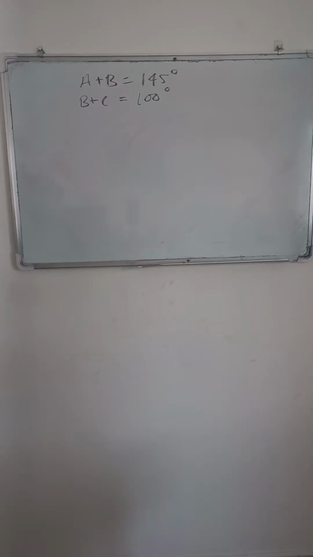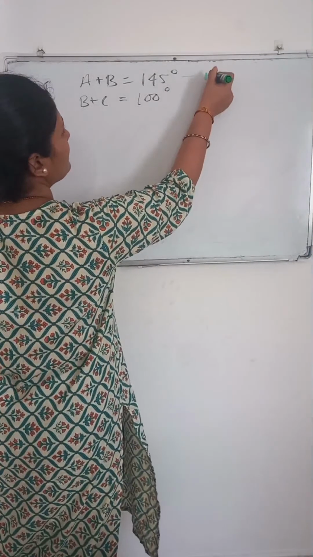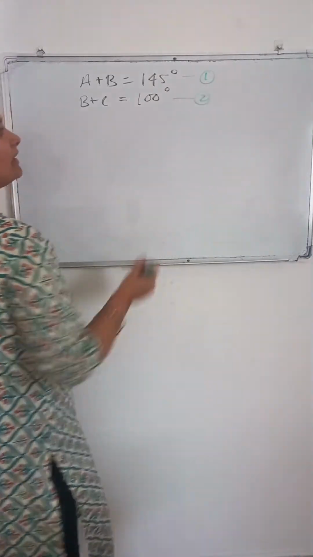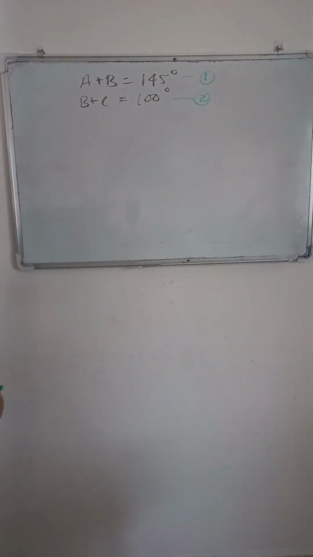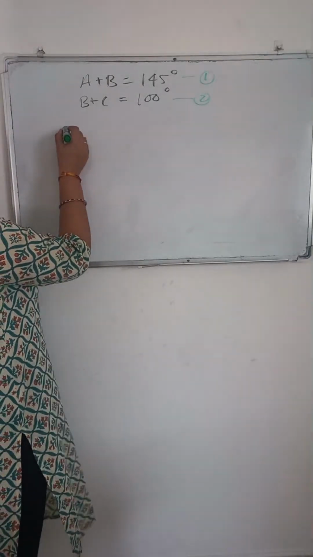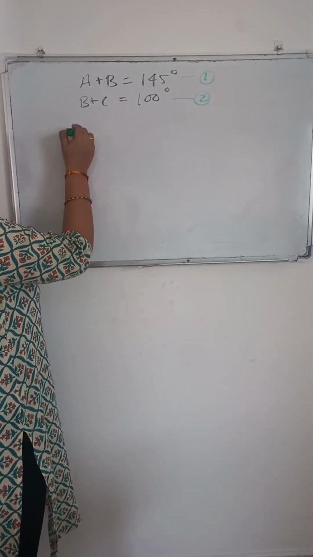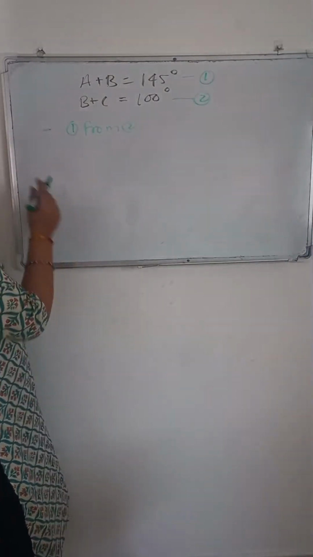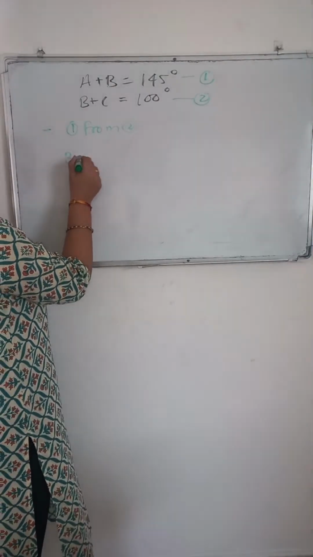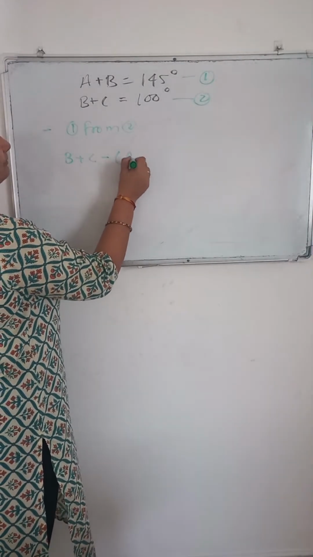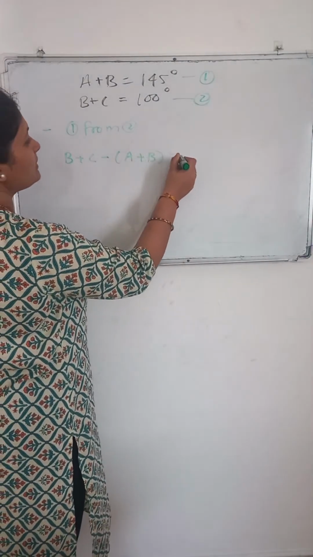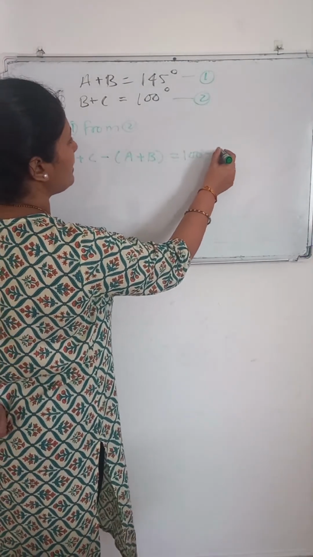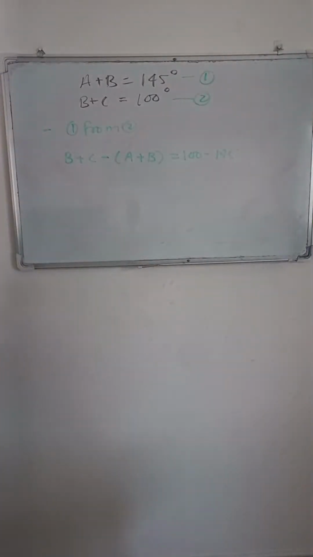Okay, so here we have to find the values for A, B, C. What we can do is take this as equation number 1 and this as equation number 2, and subtract 1 from 2. So B plus C minus A plus B is equal to 100 minus 145.